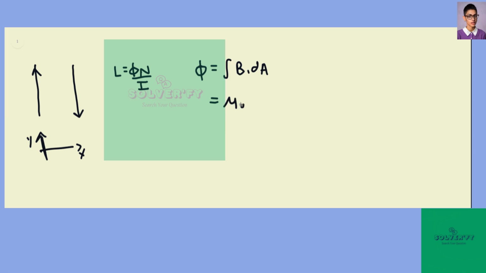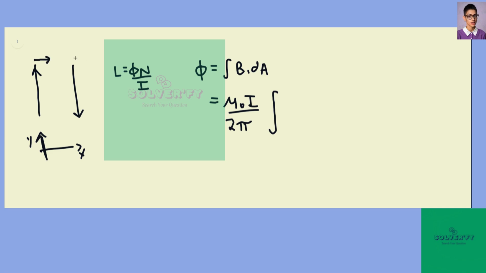And the field due to a wire is mu naught I over 2 pi r, where r is the distance from the wire's center.